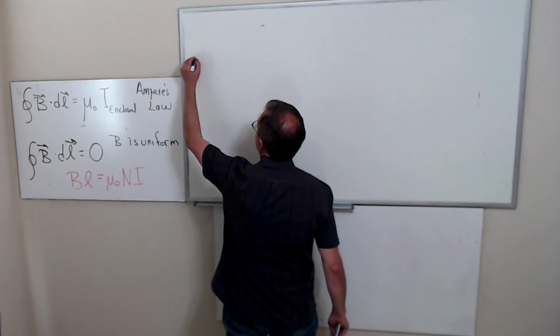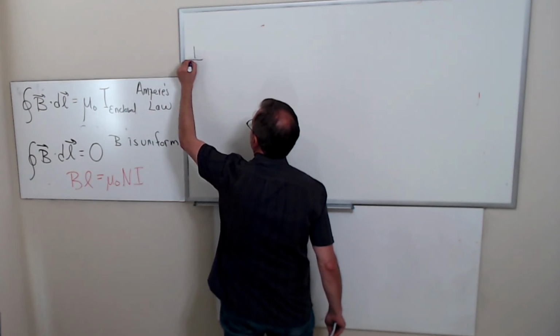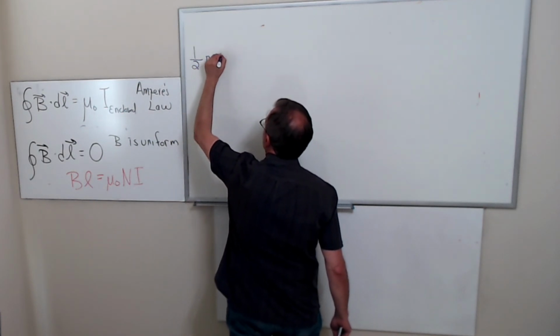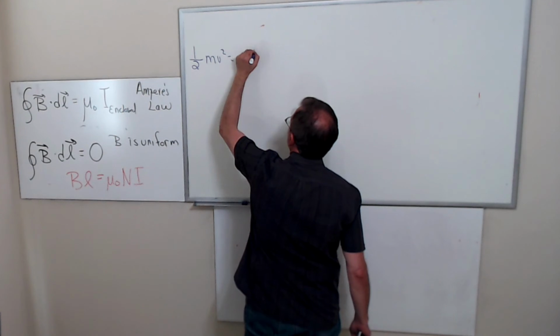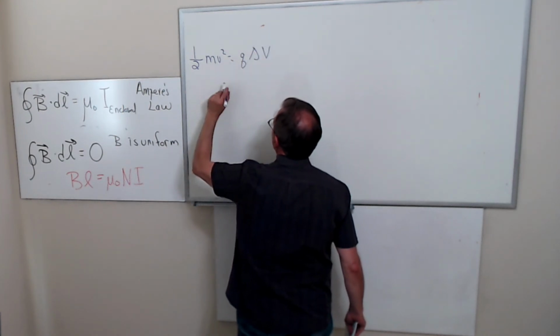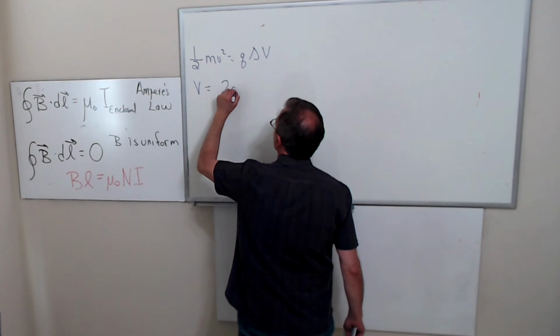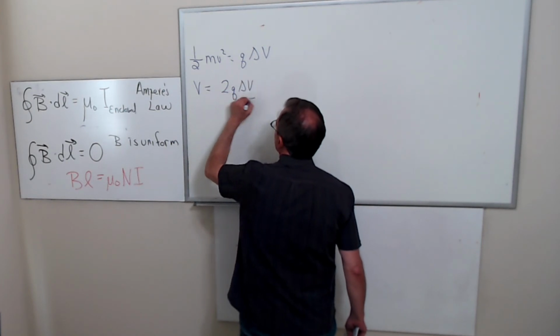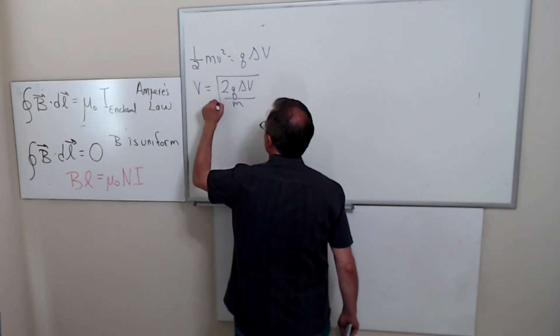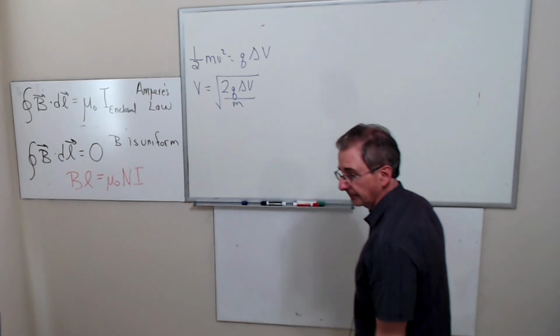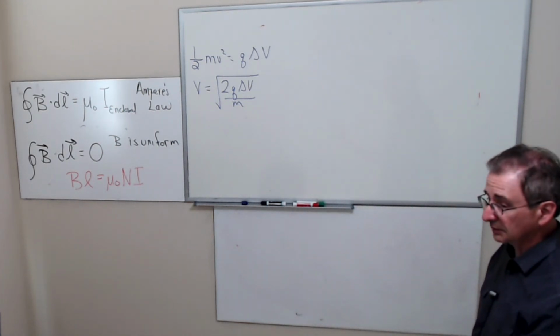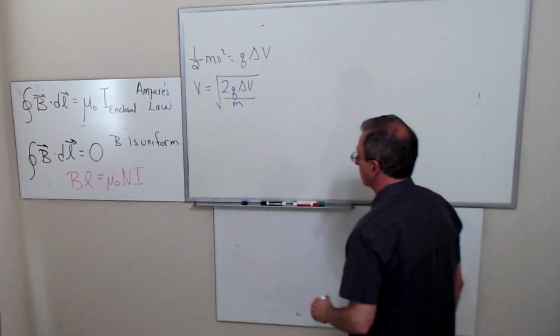So particles come out of an accelerator, and you're giving them some kinetic energy. We talked about this the other day. So V is going to be the square root of 2q delta V over m.